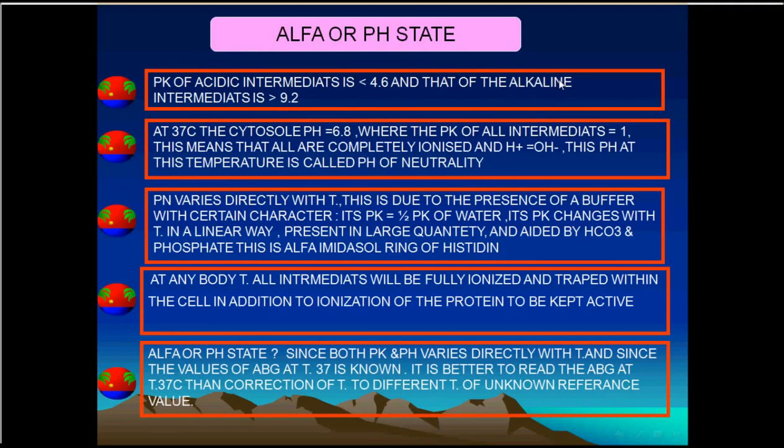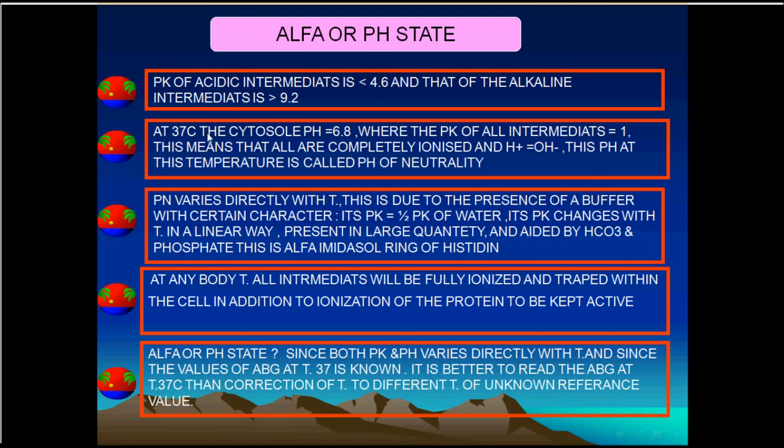When you measure the ABG, you measure it according to the temperature of the patient, what we call pH state, or what we call alpha state. In this alpha state, the pK of the acidic intermediates is usually less than 4.6, and for the alkali intermediates is more than 9.2.